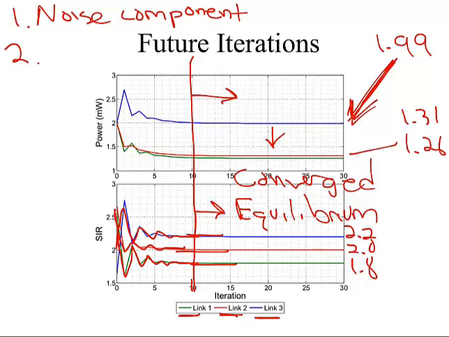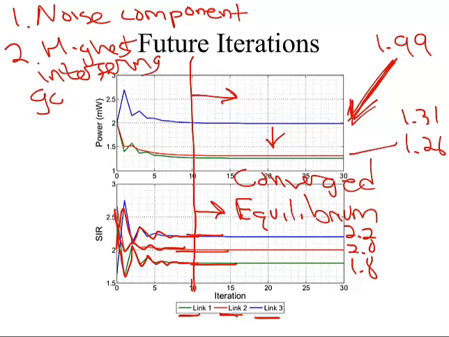Second is that it actually has the highest interfering channel gains. So if you remember, they were both 0.2, whereas each of the other ones had 0.1 and 0.2 coupling into them. Link 3 had 0.2 and 0.2 from links 1 and 2.